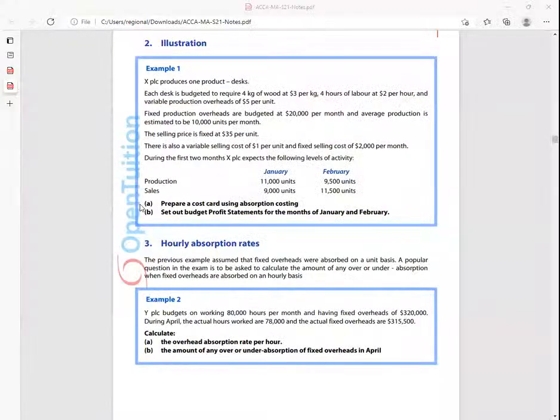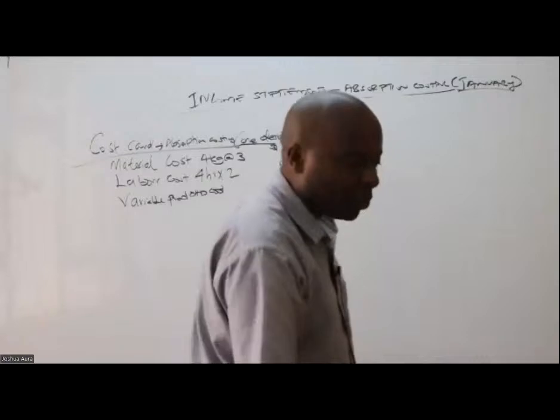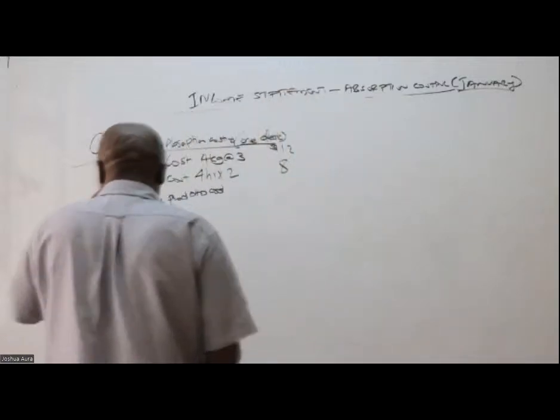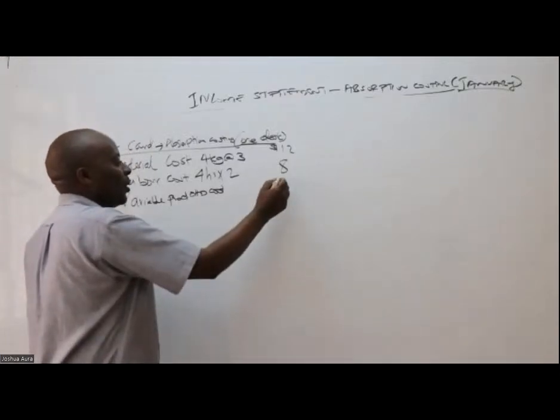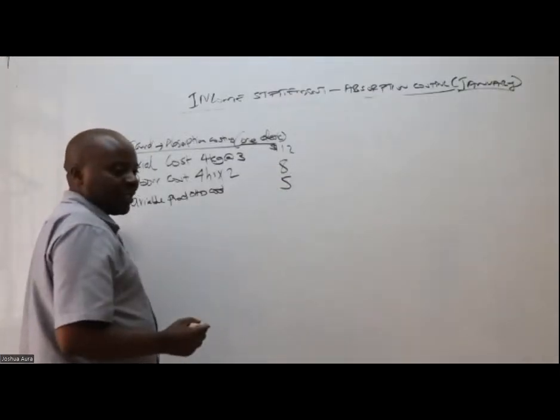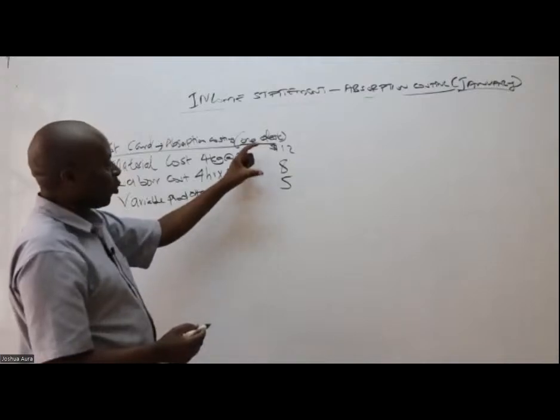The variable production overhead is 5 per unit. It's a production cost. It has to come into costing.